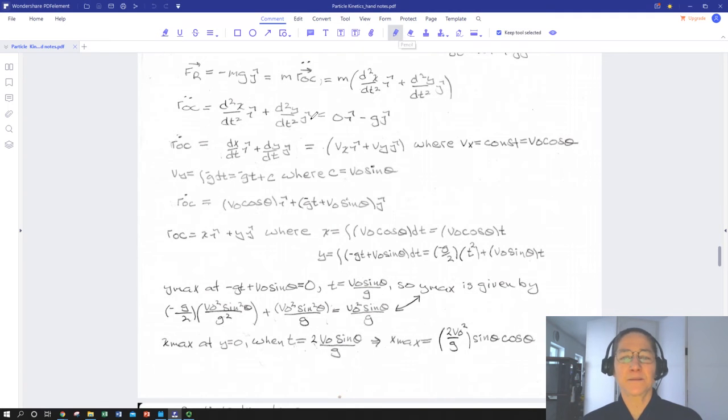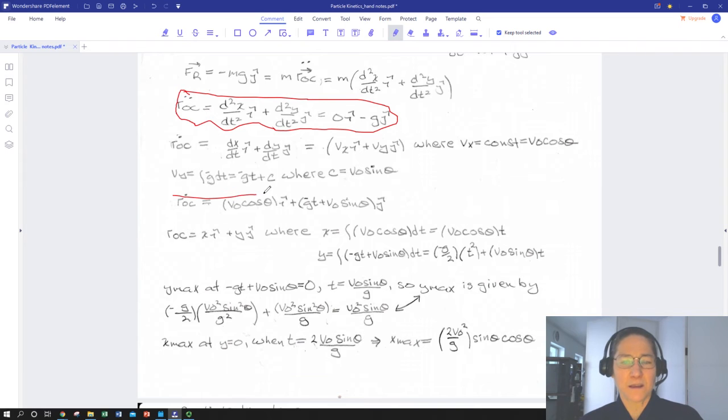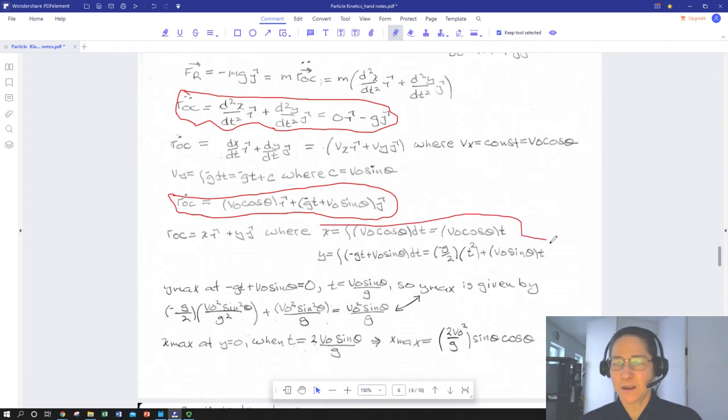So if we put together this expression for acceleration, this expression for velocity at any time, all time dependent, and these two expressions for position, these would constitute our full equations of motion.